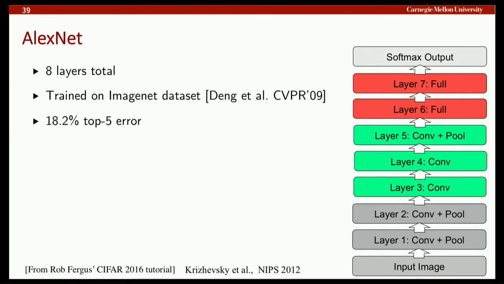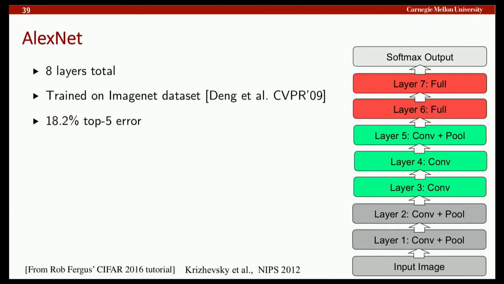Back in 2012, there was a paper that showed that convolutional neural networks can be very successful on large-scale classification tasks, ImageNet tasks, and basically beat the state of the art by a lot, compared to traditional computer vision systems. That was a big breakthrough in 2012.